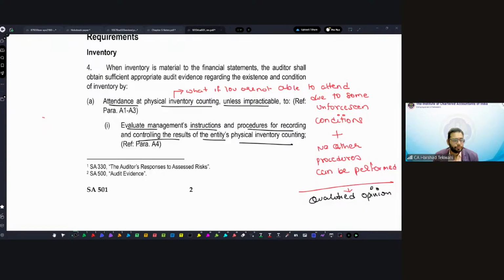Because SA 200 says that the matter of difficulty, time, or cost involved is not in itself a valid basis for the auditor to omit an audit procedure. Absolutely correct. Very good. So in this particular scenario, a qualified opinion is not appropriate. Exactly.